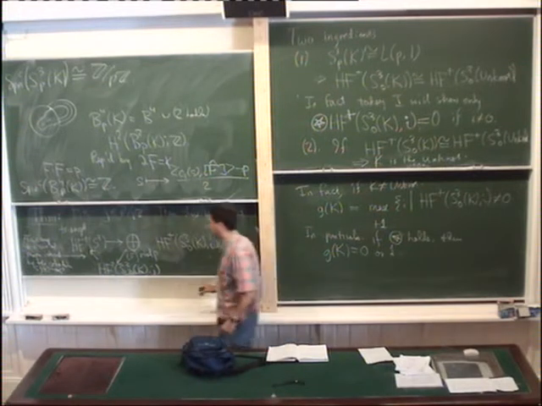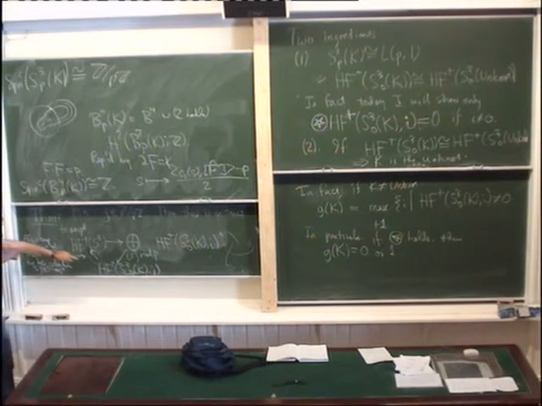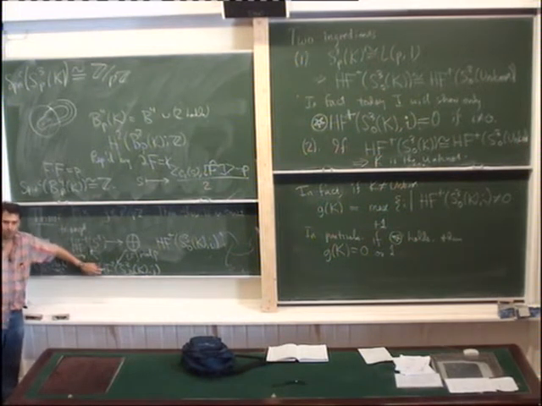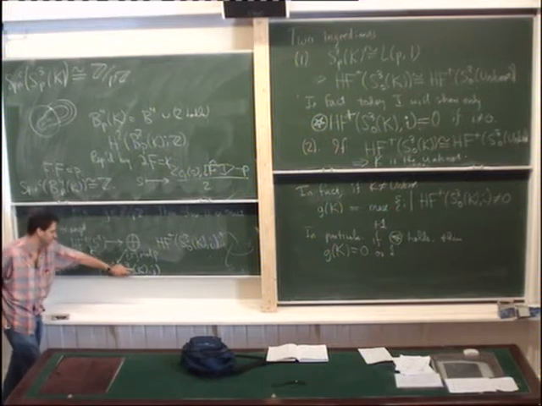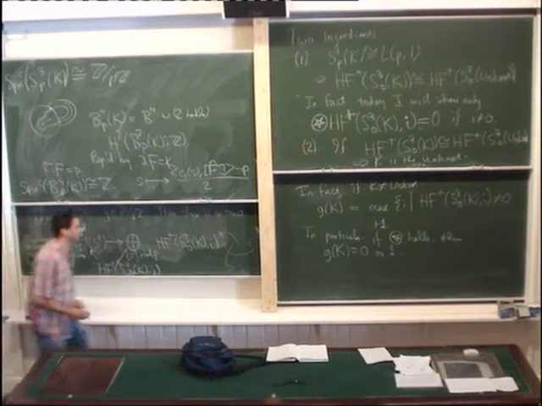Okay? So I sum all the maps induced by this cobordism, but I don't sum actually all of them. I sum those maps whose spin C structure restricted to the domain is in the jth spin C structure.